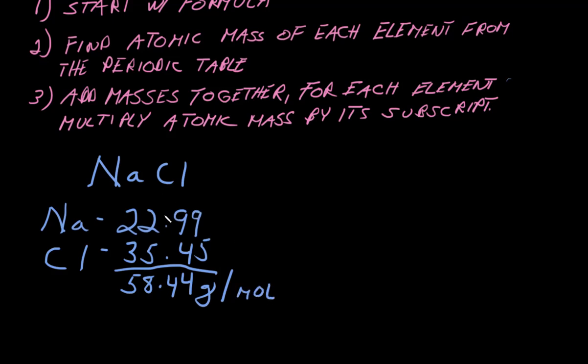And we've got 4 sig figs, so our answer will be in 4 sig figs. So that one was pretty straightforward, no subscripts at all. All right, let's go on down to another one.